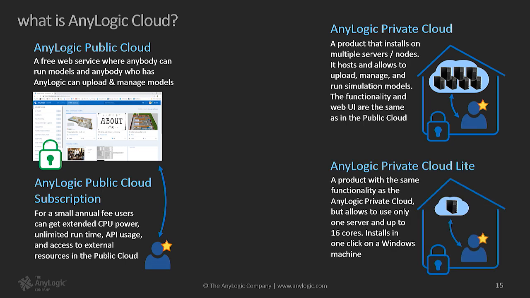Now, there are two private cloud options, and there is full private cloud and private cloud lite with exactly the same functionality, with the only difference that the bottom one, the lite one, only runs on one server, one node.